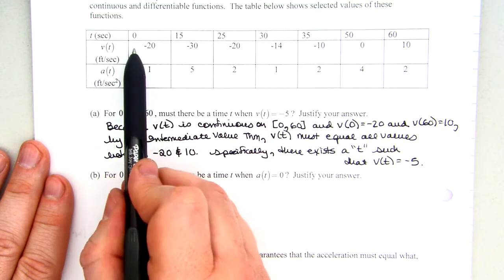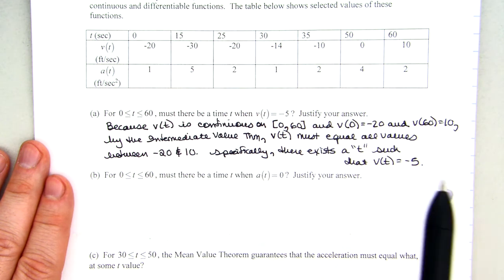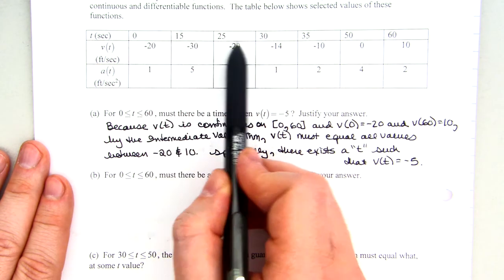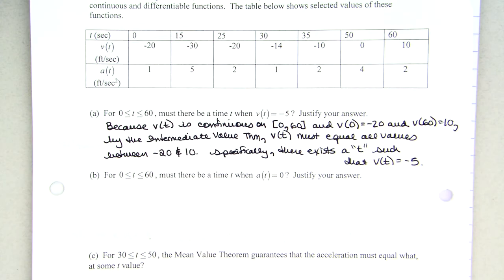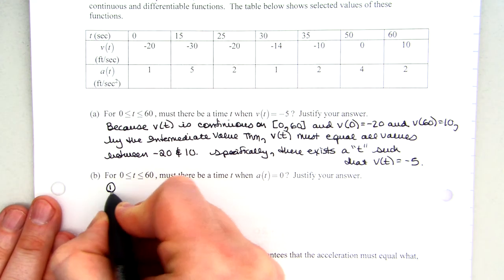If we look between 0 and 25, oh, wait a minute, I think that's going to work. Negative 20 minus negative 20 over 25 minus 0. We can use the mean value theorem on that smaller subinterval, 0 to 25. Here's how we'll write this out.